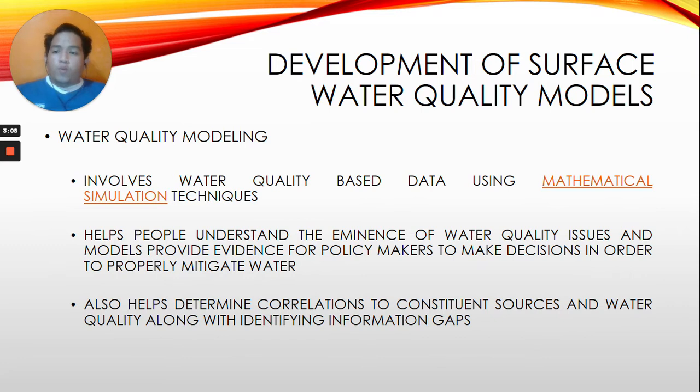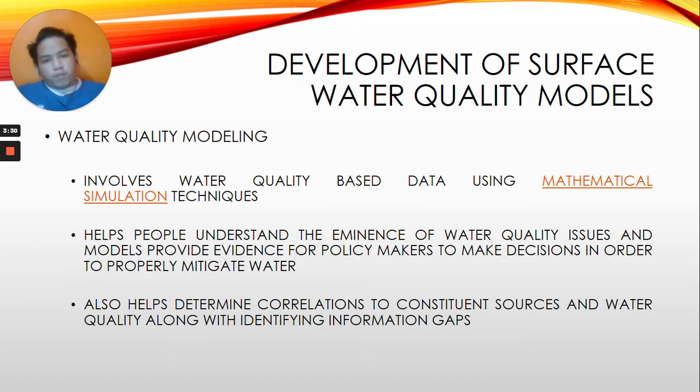So water quality modeling involves water quality based data using mathematical simulation techniques. And it helps people understand the imminence of water quality issues, and models provide evidence for policymakers to make decisions in order to properly mitigate water problems.